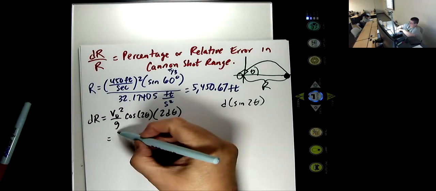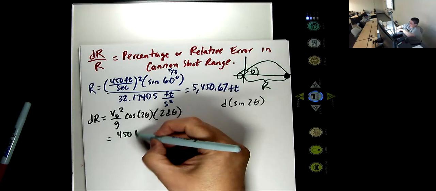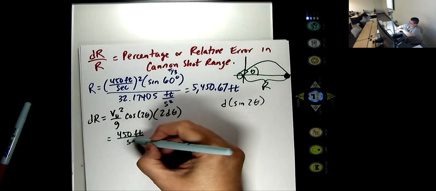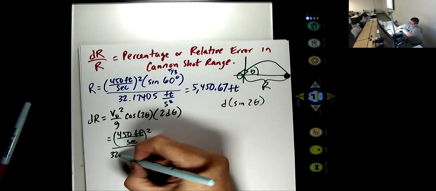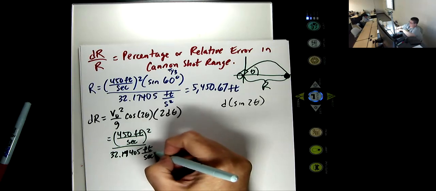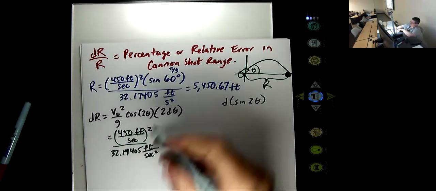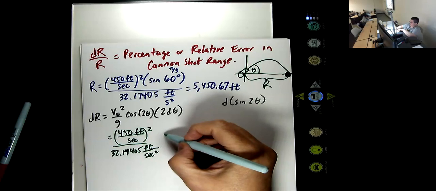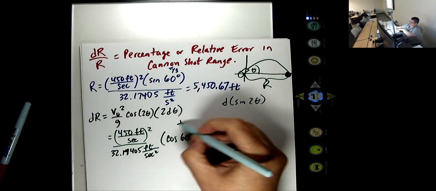So we'll do this again. 450 feet per second squared. This is 32.17405 feet per second squared. Cosine of 2 theta is now cosine of 60 degrees, which is 1/2.